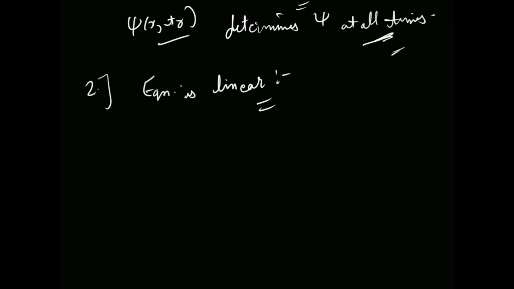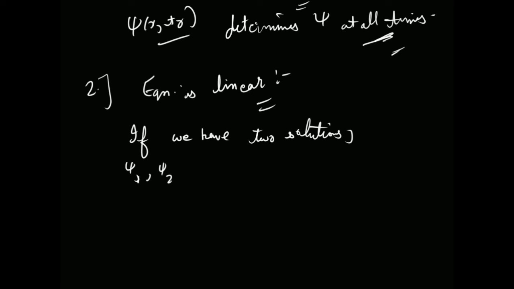That is, what it means by linearity is that if we have two solutions, that is two wave functions, psi1 and psi2, then by the linearity property, a1 psi1 plus a2 psi2 is also a solution of that Schrodinger equation.